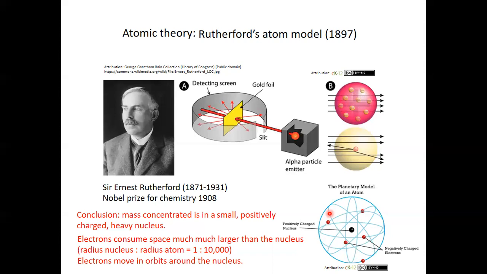So with this model, one could explain why the atom wouldn't collapse, which would be a result of the electrostatic attraction between the electrons and the nucleus. What would hold the electron stable in orbit would be nothing else but the centrifugal force associated with the motion, which would be equal to the electrostatic force by which the electron would be attracted to the nucleus.